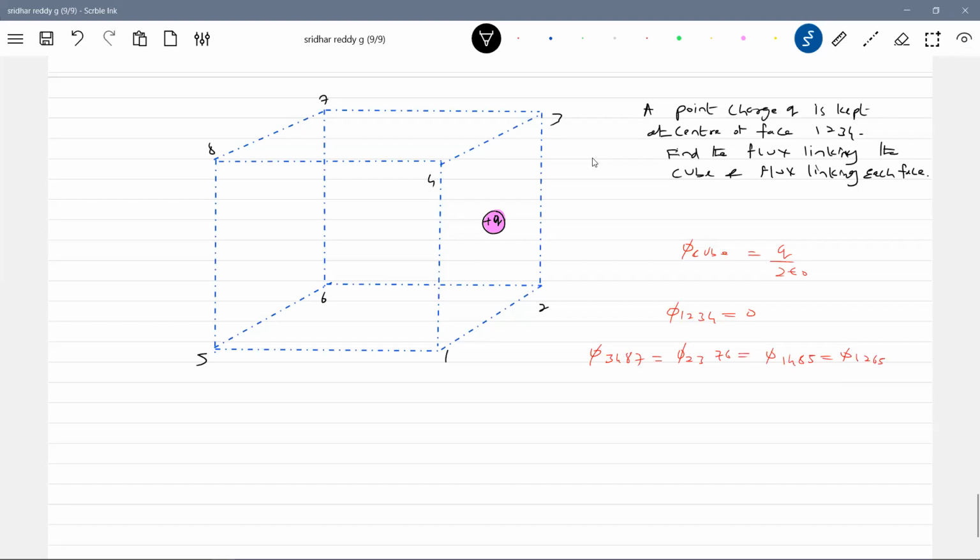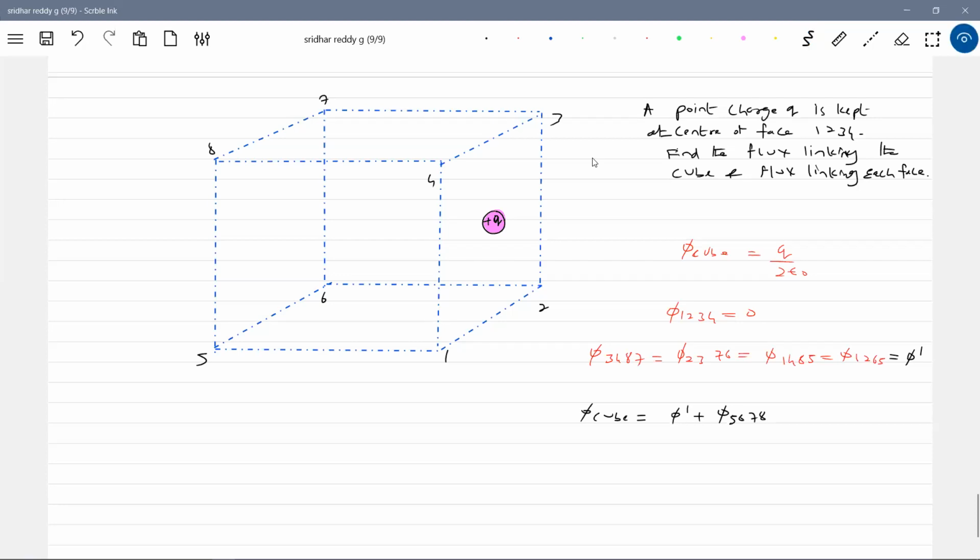So call this phi dash. Then the total flux linking the cube should be equal to phi dash plus the flux linking 5, 6, 7, 8.